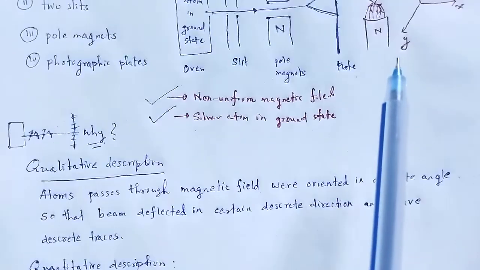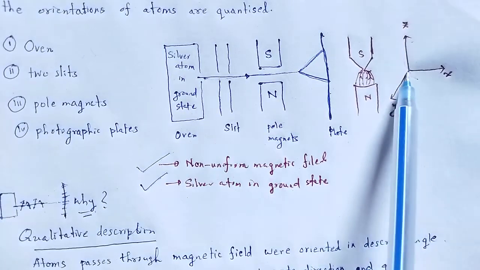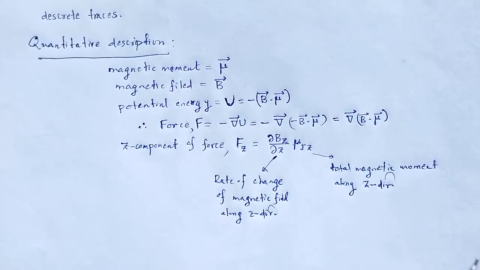As we consider along z direction only, there will be no such component of x and y, that is the z component.